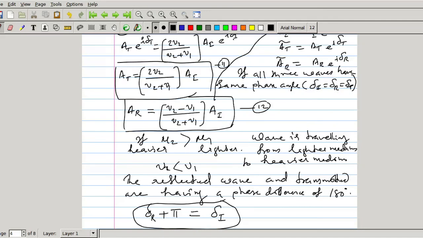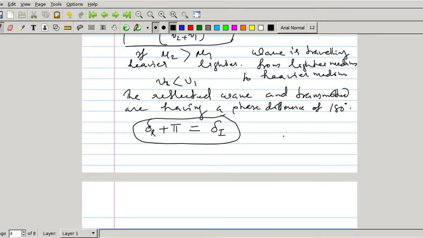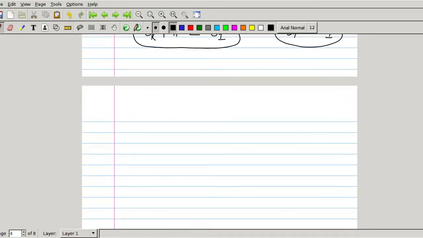The phase of the transmitted wave will be the same as the phase of the incident wave, so the incident wave and transmitted wave are in phase. The incident wave and reflected wave are out of phase if the second medium is heavier than the first medium. If the first medium is heavier and the second medium is lighter, then what will happen?